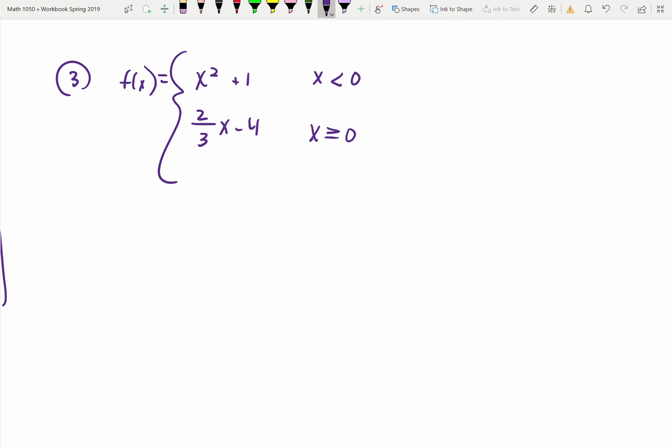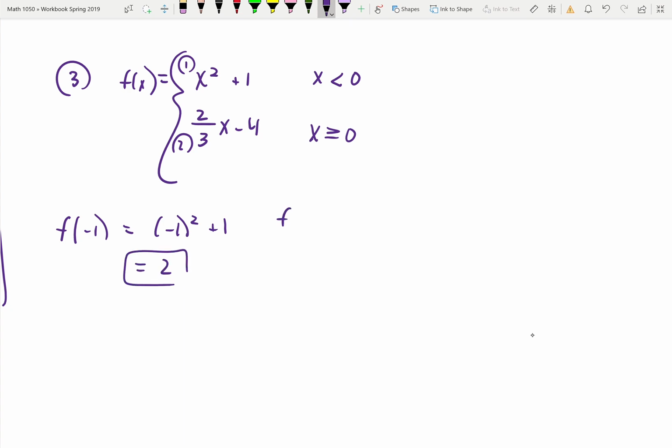It's no more difficult. They could ask you for some points. For example, what is f of negative 1? Which equation would you use? Well, look at the x value. Negative 1 is the x. That's less than 1. So you'd put your negative 1 in parentheses squared plus 1, and that gives you a 2.